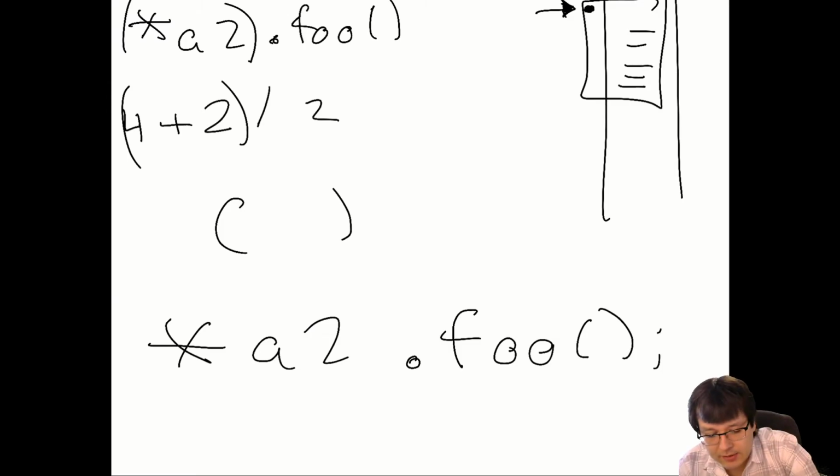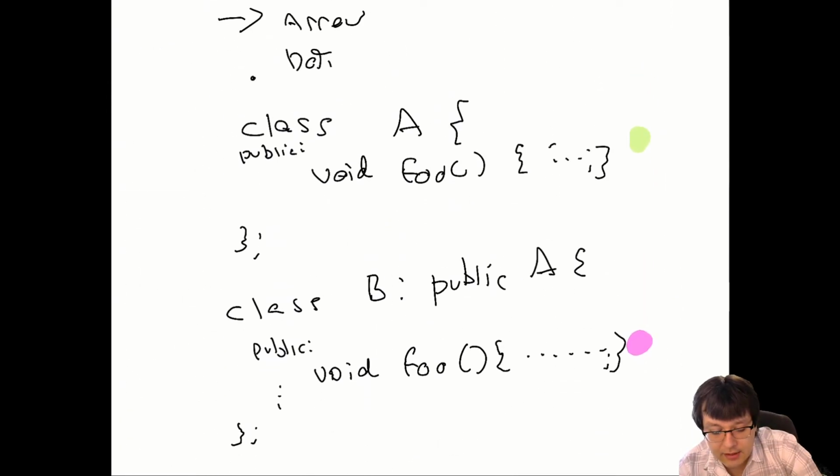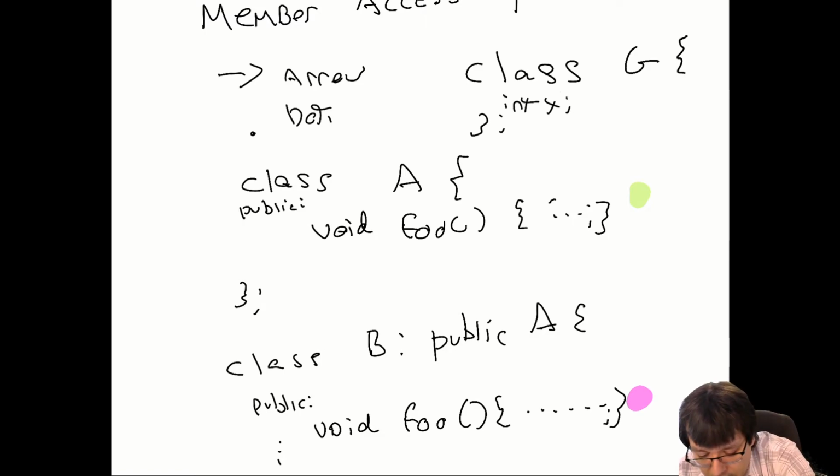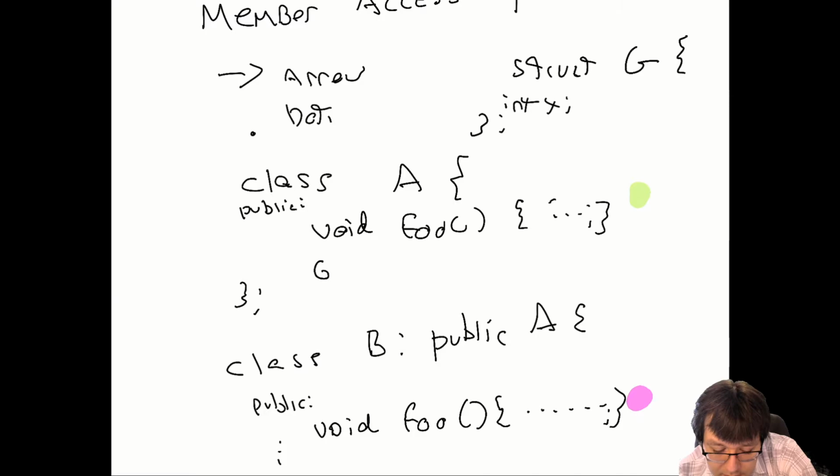And if I had inside of class, let's say that there was a class G, and class G, I don't know, had an int x in it, and I suppose public. So here, let's make it a struct, so I don't have to write the word public. Okay, and let's say that G lived here like that.